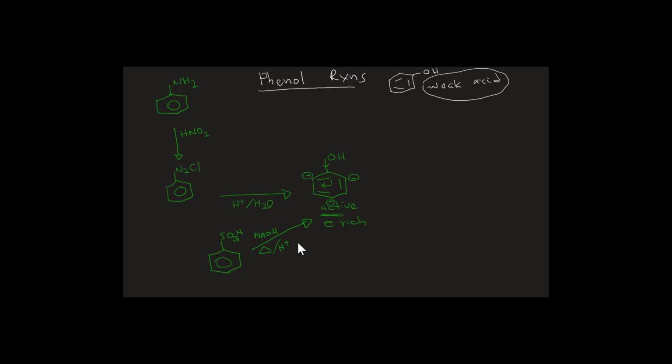Another reaction is a diazo compound with sulfate instead, and this derivative you can also warm and remove nitrogen gas, and then you will end up with phenol. Most of these diazonium salts will remove nitrogen gas. That's the driving force there.